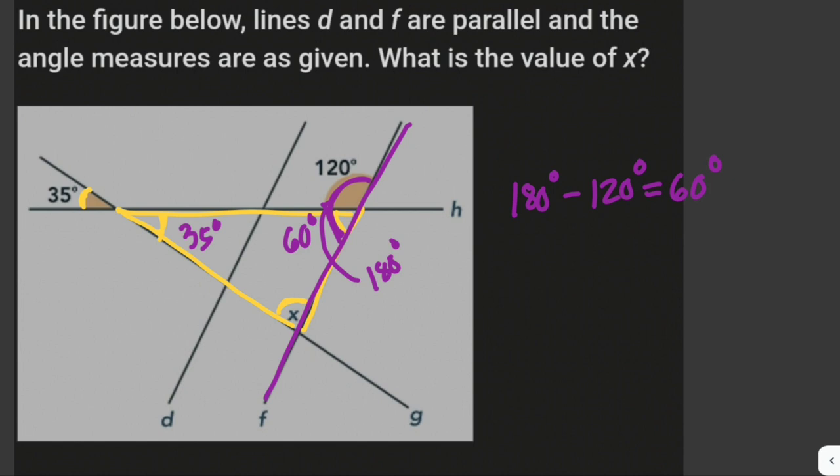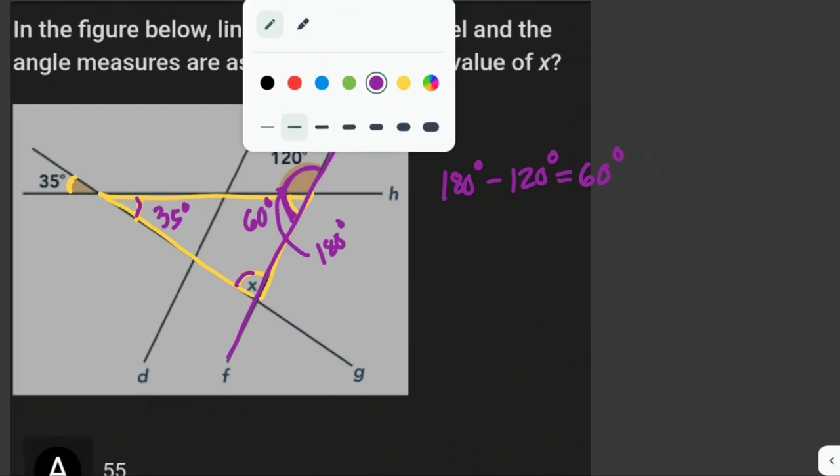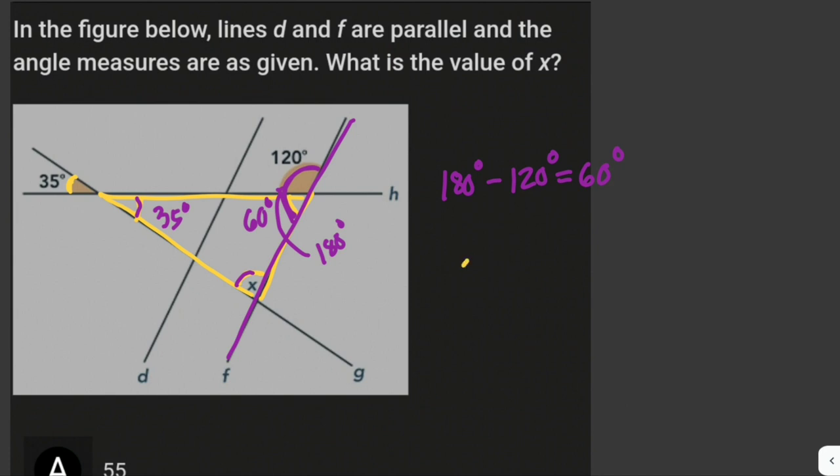So now we're given 2 angles in a triangle, so we can solve for x. And the sum of the measure of the angles inside a triangle is equal to 180. So that means that 35 degrees plus 60 degrees plus x is just equal to 180 degrees.